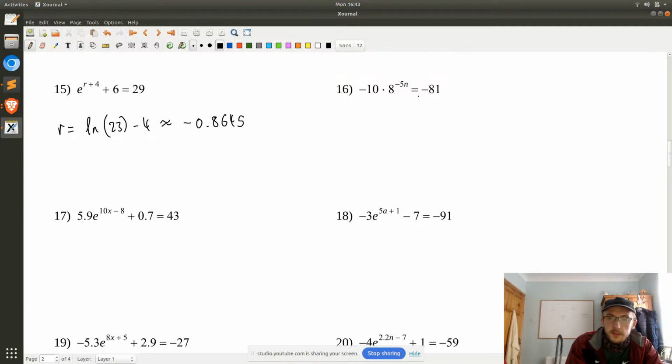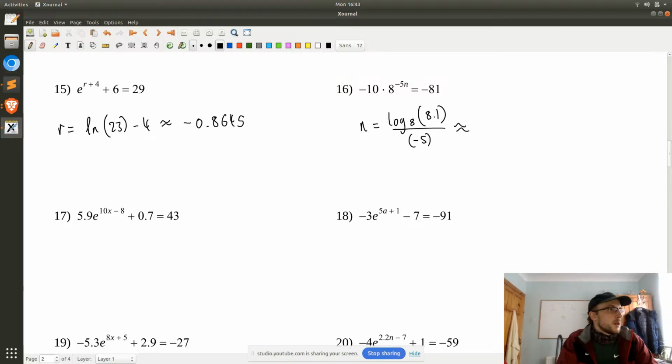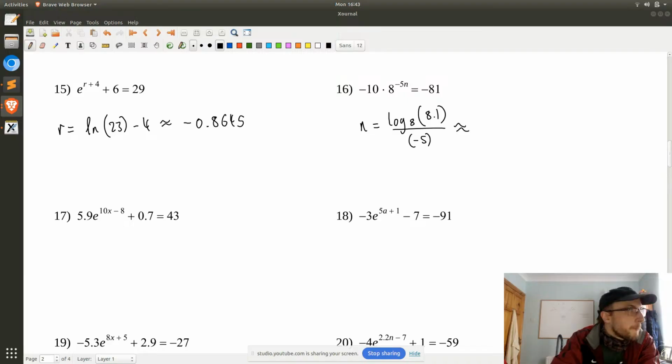Both sides over negative 10 to get 8.1 on the right, log base 10, log base 8 of that, and divide that by negative 5. Result.